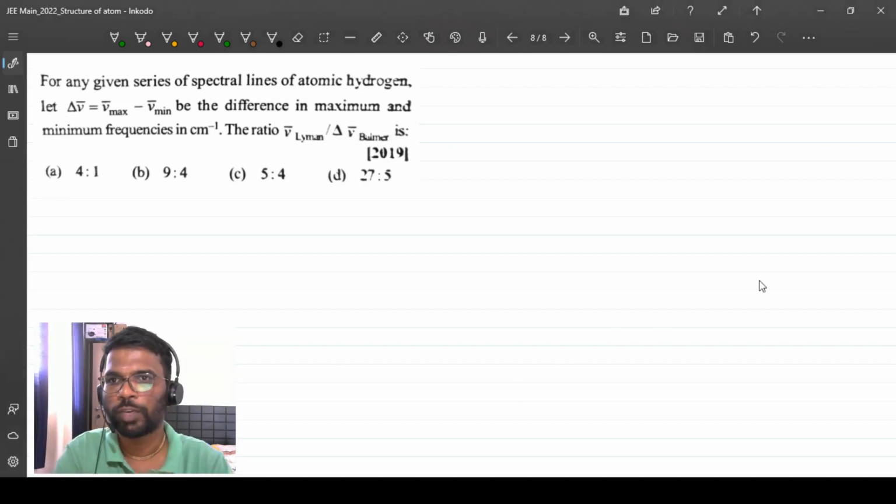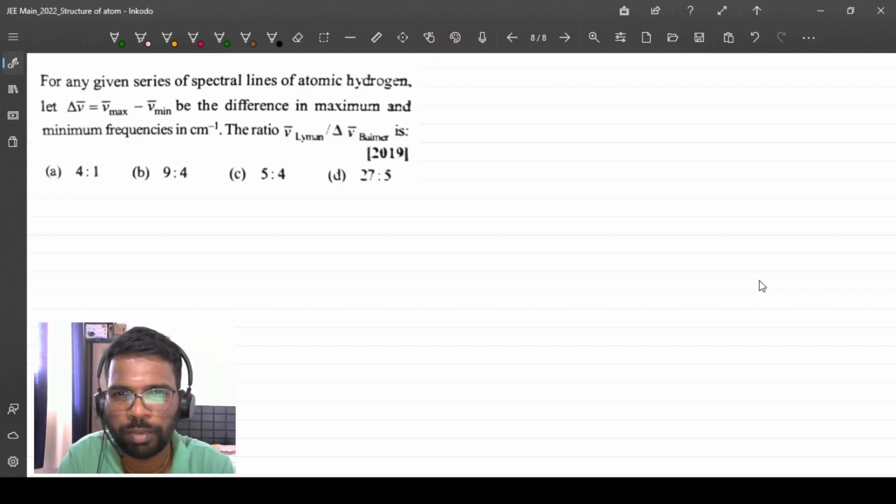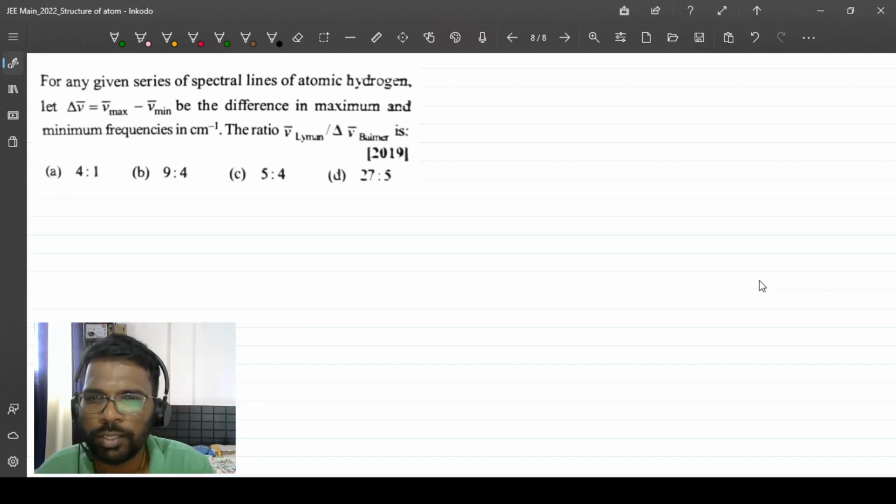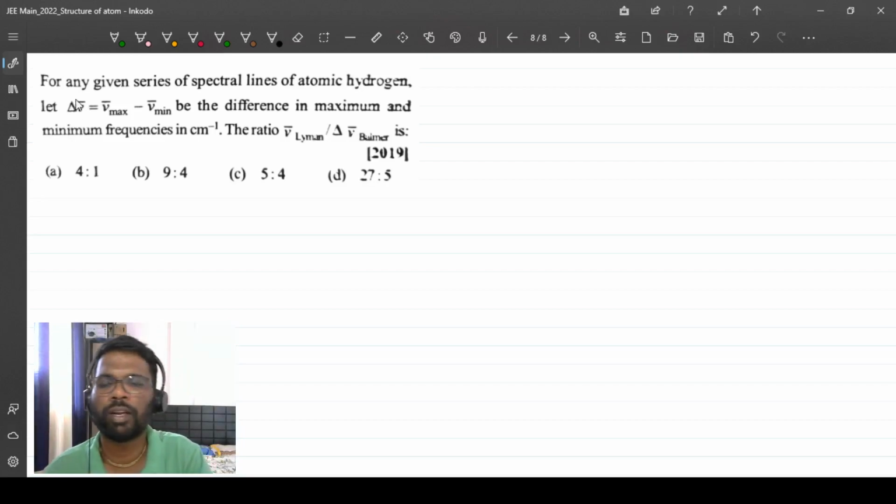So here is the next question based on the Lyman, Balmer, Paschen, Brackett series, that is, the spectrum. The question asked is: for any given series of the spectral lines of atomic hydrogen, let delta wave number, a difference in the wave number, be the wave number maximum minus wave number minimum.